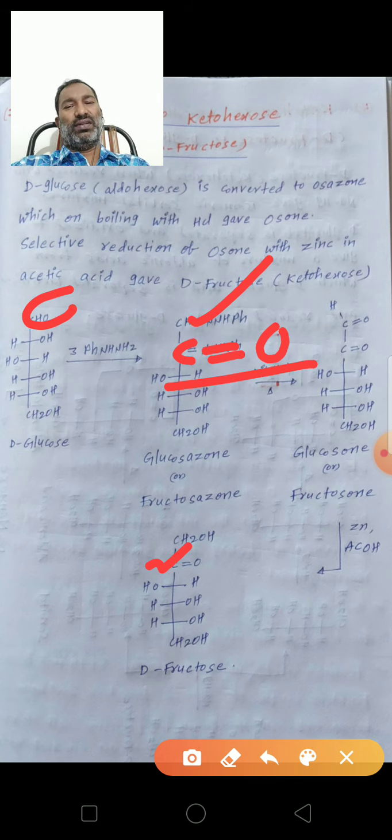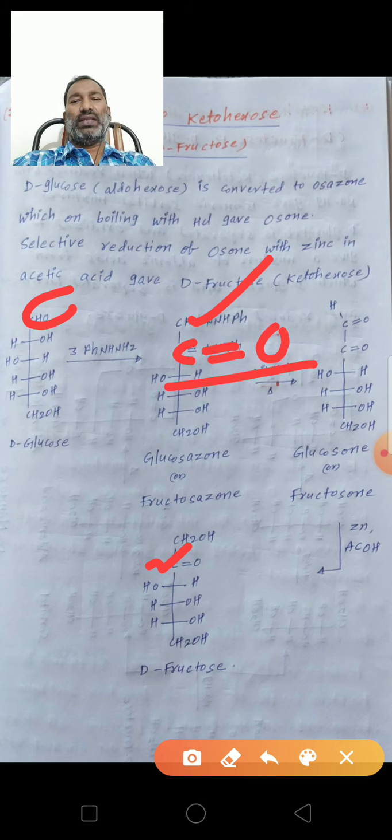So here D-glucose reacts with 3 moles of phenylhydrazine to form glucosazone. So glucose reacts with the first mole of phenylhydrazine to form a phenylhydrazone. Then this phenylhydrazone reacts with the second mole of phenylhydrazine. This second carbon, that means secondary alcohol, oxidizes to C double bond O group, and this phenylhydrazine is reduced to aniline and ammonia.